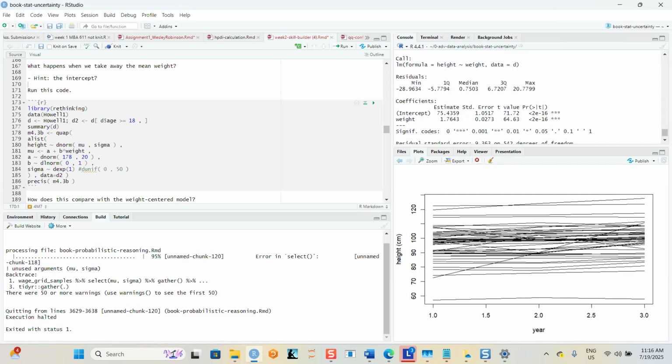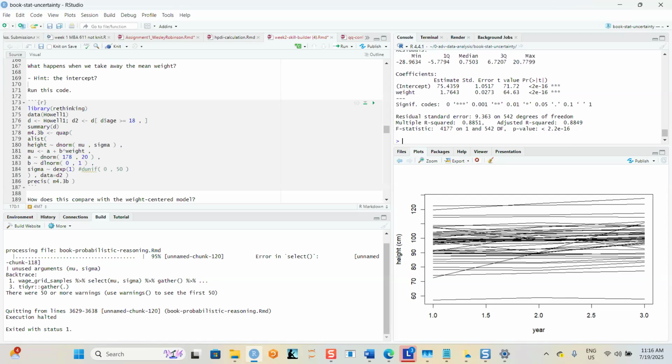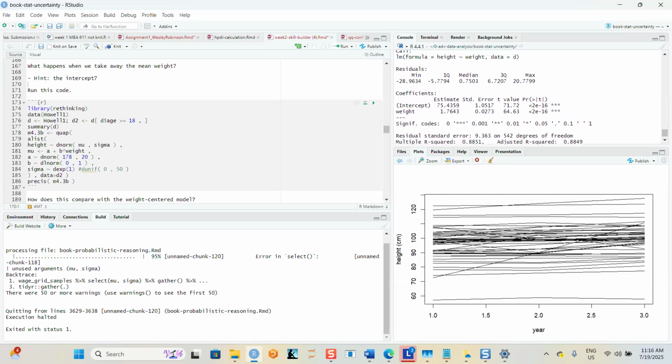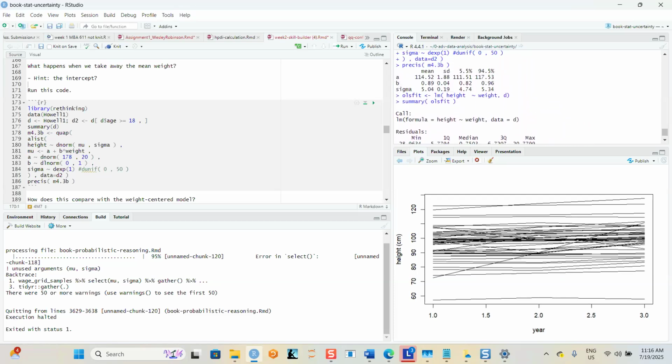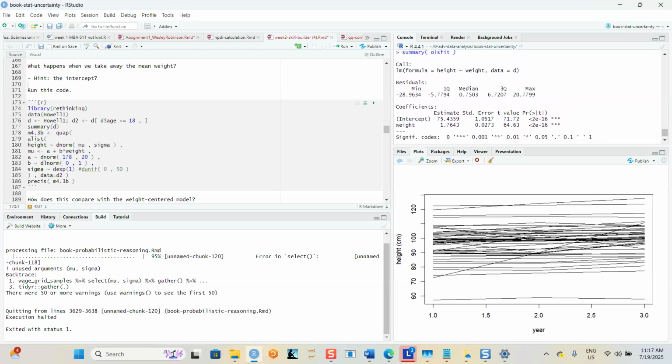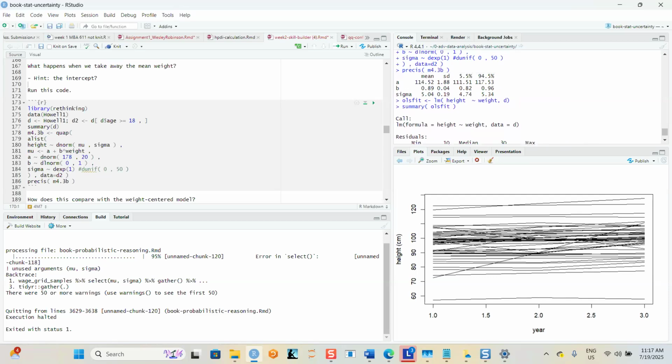Residual standard error is 9.3 on degrees of freedom. Ours is 5.01, and it has a standard deviation, a width. That sigma has a width between 4.74 and 5.34.